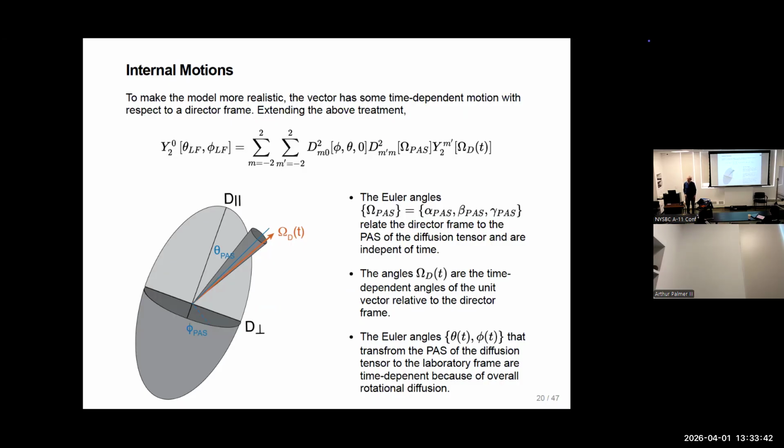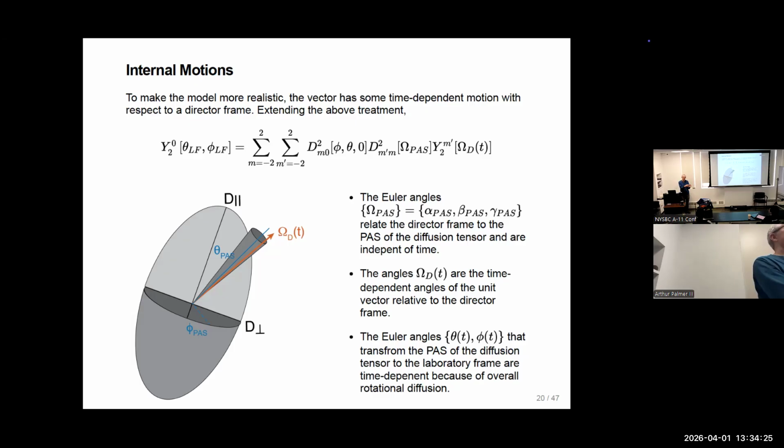And then what about internal motion? Now the problem gets more complicated because we have to adopt the approach that Anne introduced, where we have to transform to the laboratory frame the fact that there's some motion of our Hamiltonian principal axis system relative to the molecular frame, because the bond is moving around, and then the transformation from the molecular frame to the lab frame to account for overall rotational diffusion.